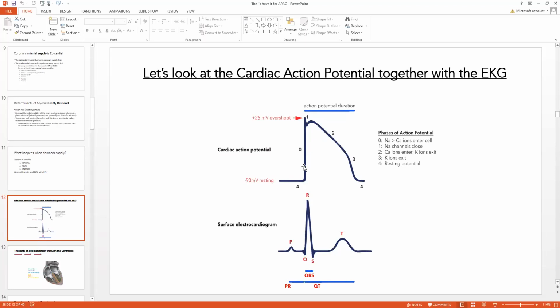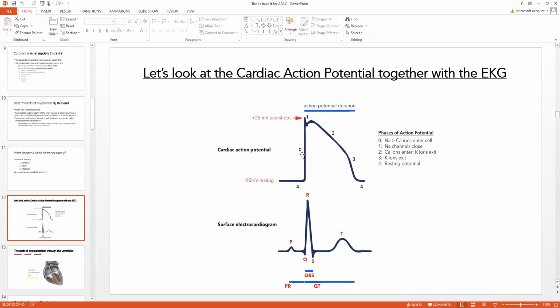But during phase 0, when cations, sodium and calcium, positive charged ions, enter the cell, you end up getting a bit of a positive charge. Then after phase 1, you have essentially 0 polarity. So you go from negative polarity to 0, depolarization. That's the source of that term, depolarization.